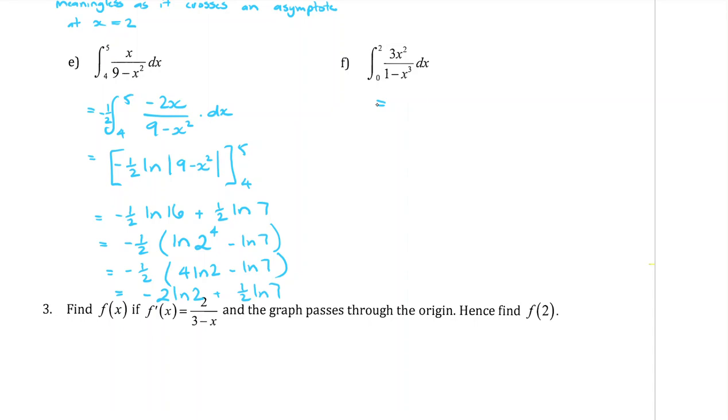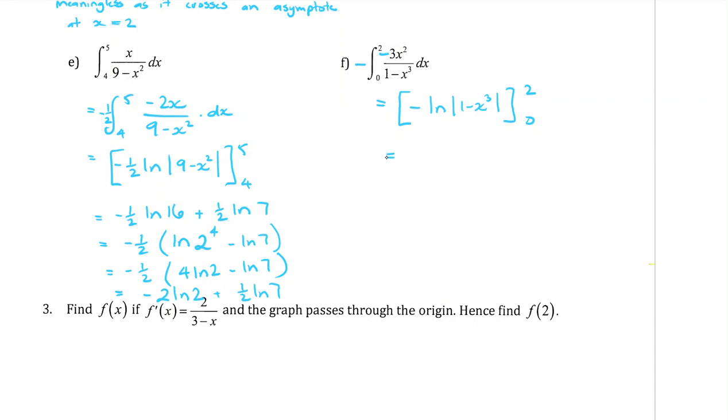So rather than rewriting it, I need a minus there, so minus out here. When I integrate it, it would be negative ln of 1 minus x cubed between 0 and 2.